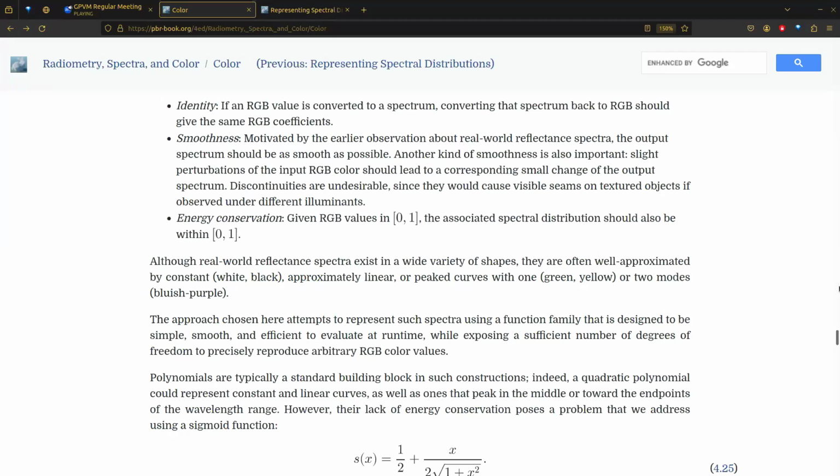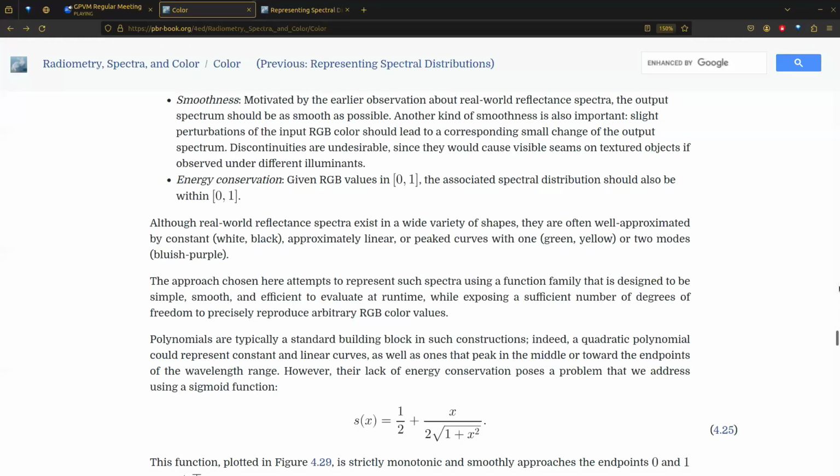Discontinuities are undesirable since they would cause visible seams in textured objects if observed under different illuminants. So it's kind of a continuous type of idea. Energy conservation: given RGB values in 0 to 1, the associated spectral distribution should also be within 0 to 1.